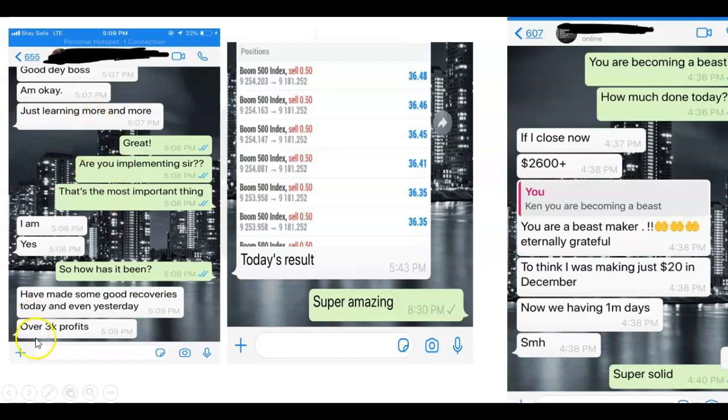There's someone that did over 3k profits in about 2 days, I think. You can read through this and understand where this is coming from. And here is another person. He did multiple entries, and he made maybe about 150 or 200 plus.